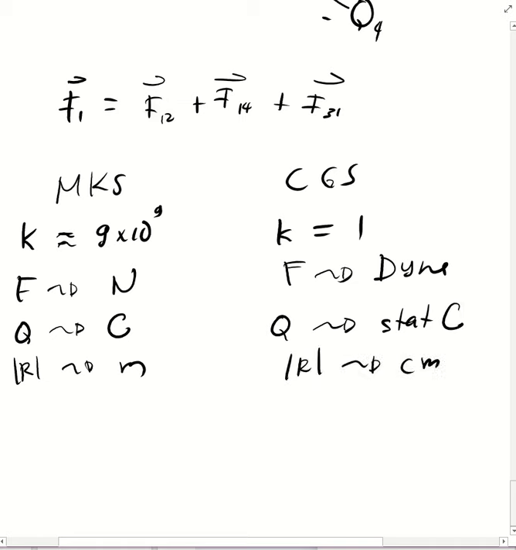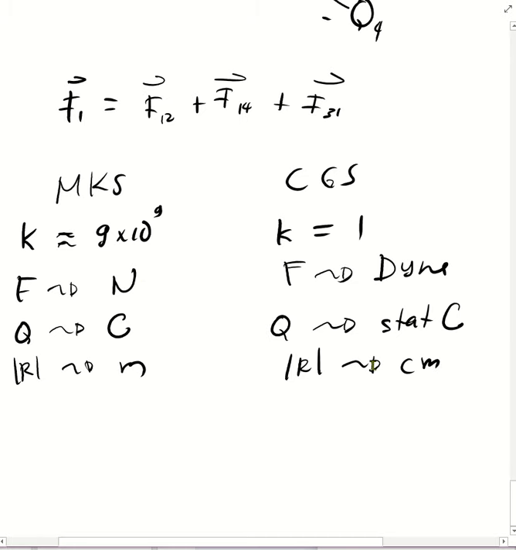Why do we need this? Because if you're working with small distances, which we usually do in electrical engineering, in terms of centimeters, then it's good to use CGS, and it's also good because K is equal to 1. So the formula is just F equals Q1 times Q2 over d squared. But remember, Q should be in statcoulomb, the distance should be in centimeter, and the result is not in Newton but in dyne.